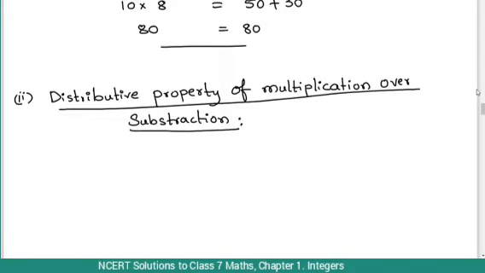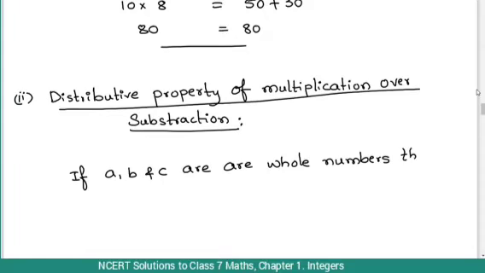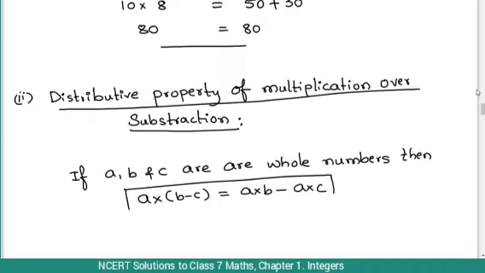Here, if A, B and C are whole numbers, you can take integers or whole numbers, then we can say that A × (B − C) is equal to A × B − A × C.